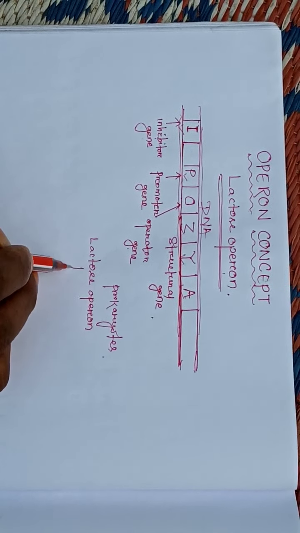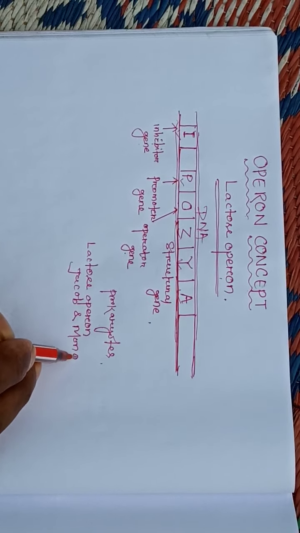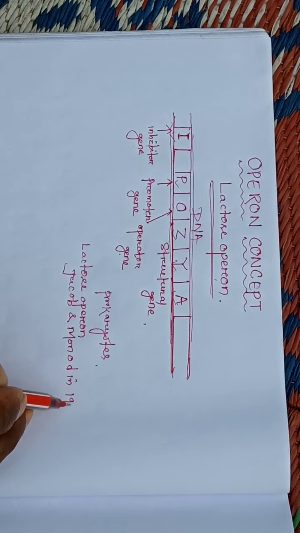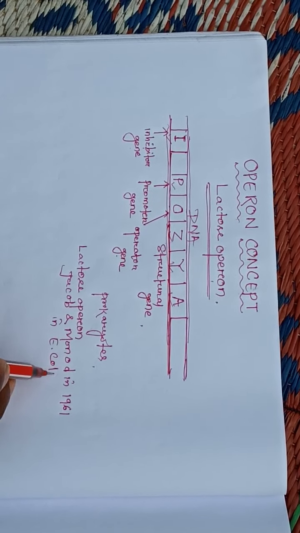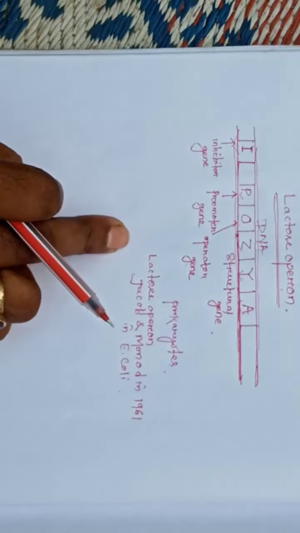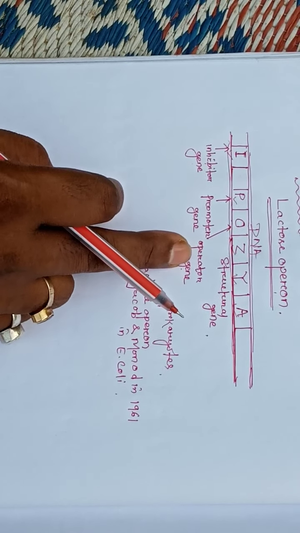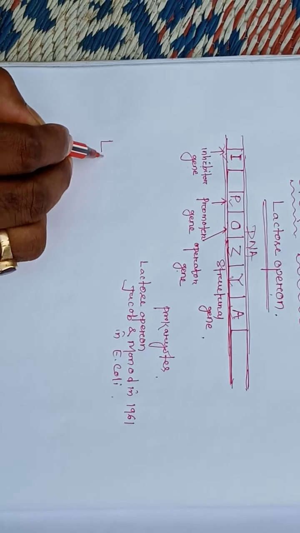It was discovered by Jacob and Monod in 1961 in the E. coli bacterial cell. Later on, several other operon systems were also discovered. So let's have a discussion on the lactose operon.